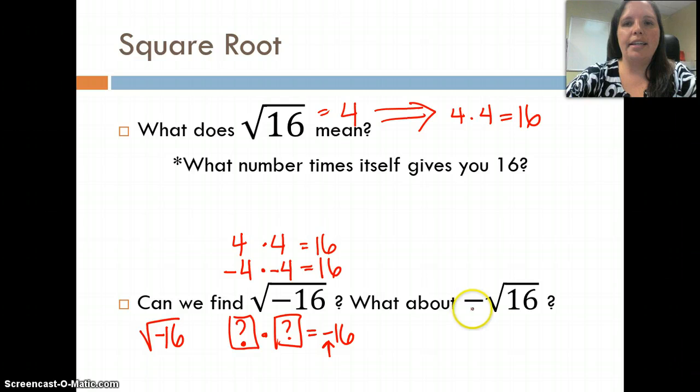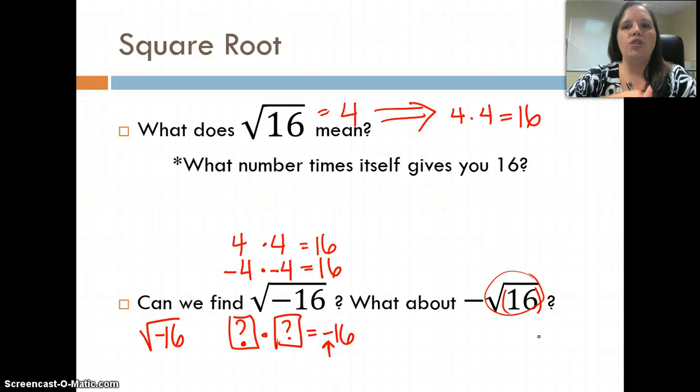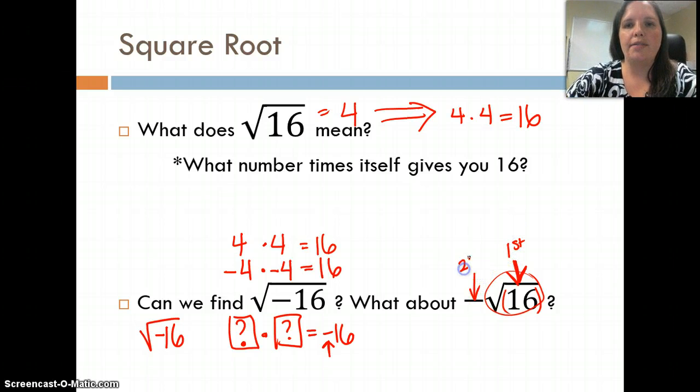What about the negative square root of 16? Well, what we have to realize is the square root sign acts almost like its own set of parentheses. So when I see a square root, I need to take that square root first and then worry about the negative sign.